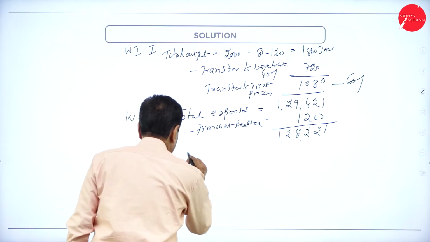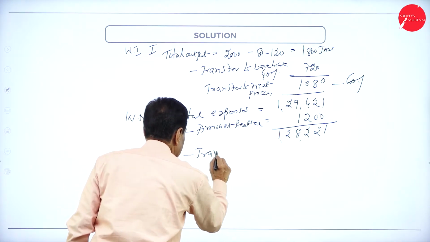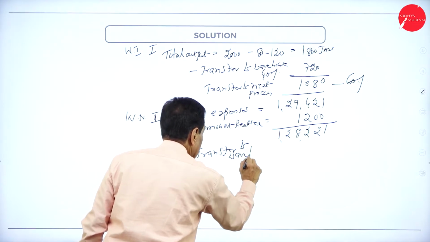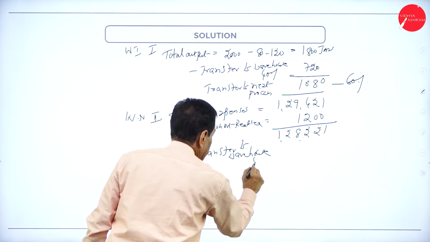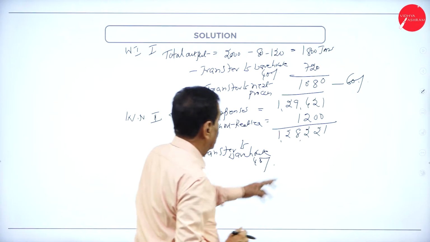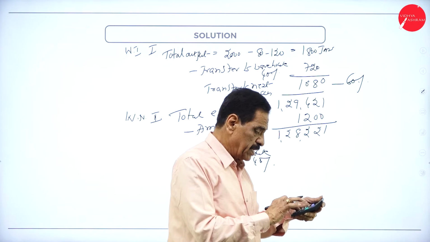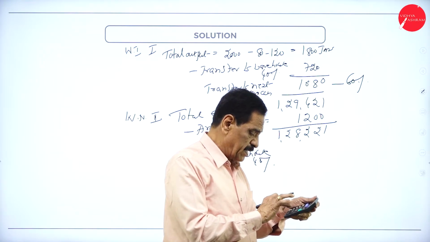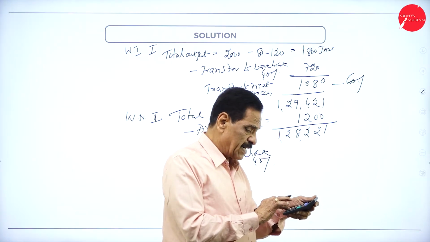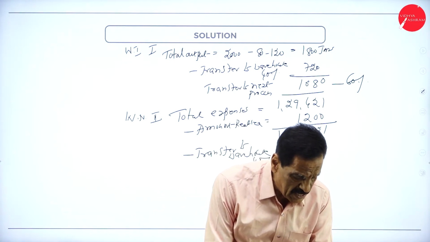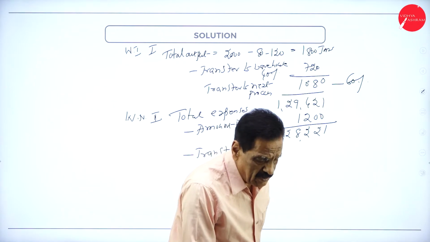Here minus transfer to warehouse 40%. 1,28,221 into 40 divided by 100 is 51,288.